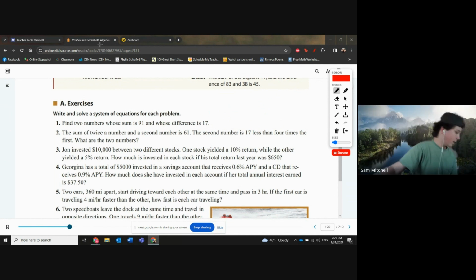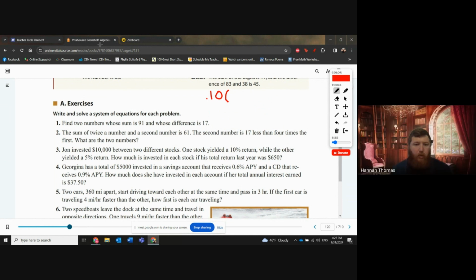Okay, so first we can take the 10% and turn it into a decimal. So we get 0.10. And then we can multiply that times, wait a minute. Where did I do it? What's the formula for simple interest?